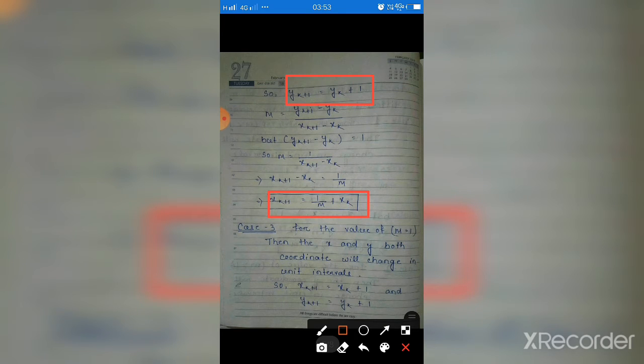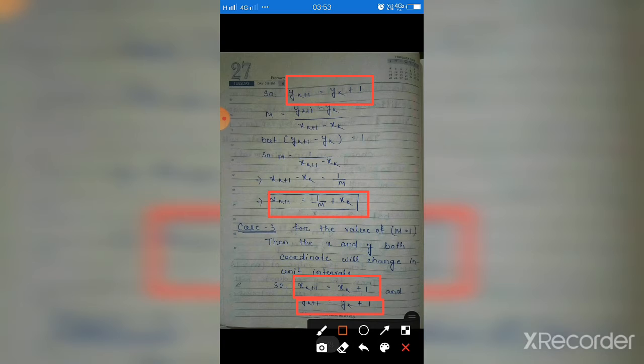Then another case: for the value of m equal to 1, if the slope of the line is equal to 1, then x and y both coordinates will change in unit interval. That means sk plus 1 equals sk plus 1, yk plus 1 equals yk plus 1.